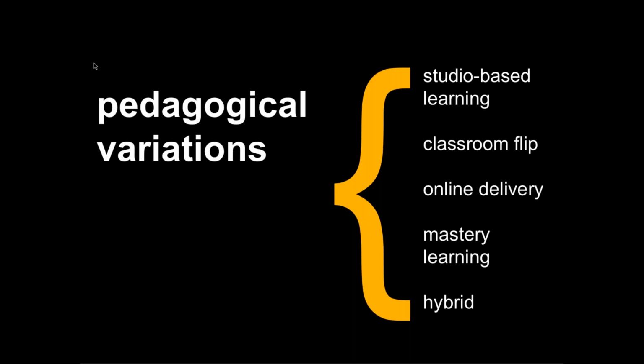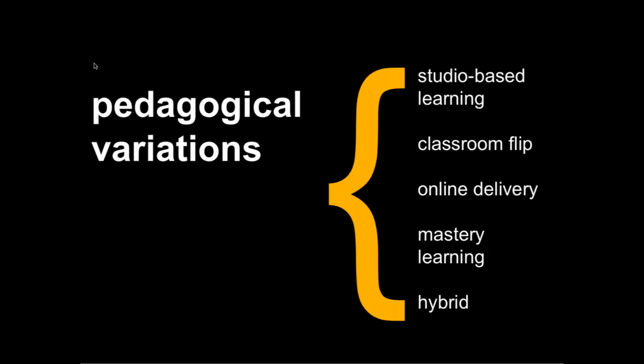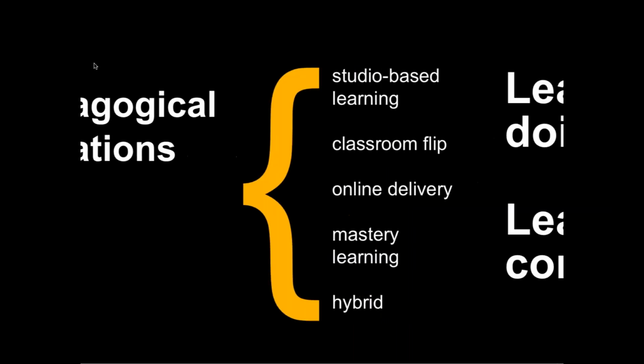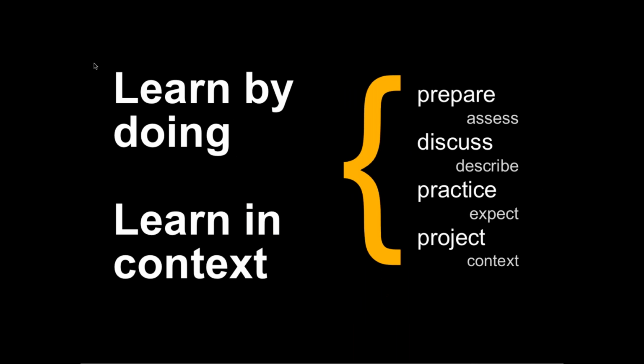Online delivery of some of the modules can be done. Mastery-based learning, hybrid learning, all of these other kinds of learning can still be applied within this model. The goal here is we want to learn by doing and learn in real-world context. And we're doing that by first preparing, discussing, practicing, and then applying it in a project. So that's the idea.